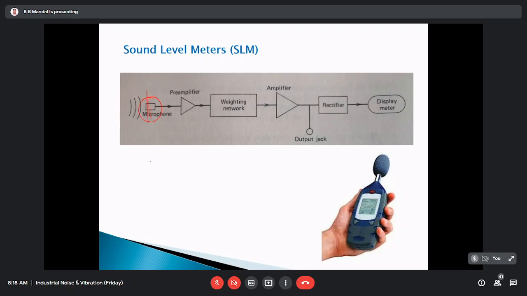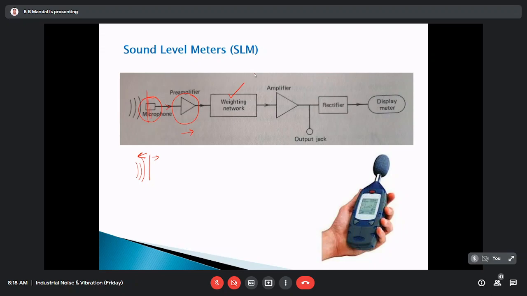There is a diaphragm or a similar thing on which the sound pressure acts to oscillate it back and forth, and from there you get a signal which is very feeble, and we need a preamplifier device to make it stronger for further operations. Then we use the weighting network here.